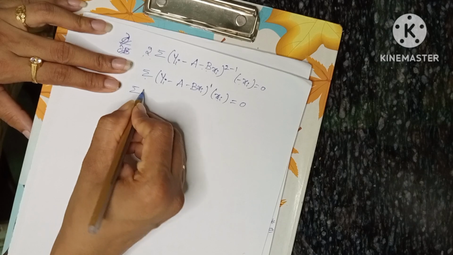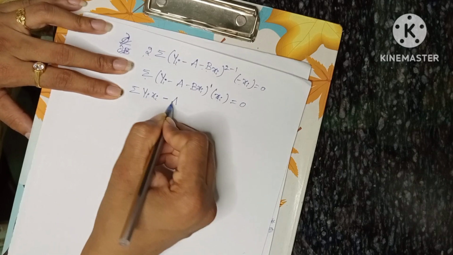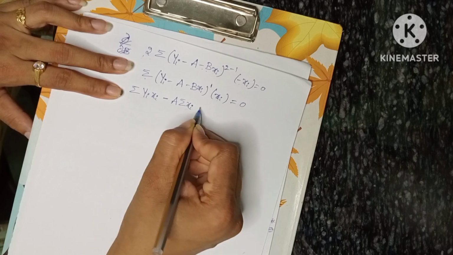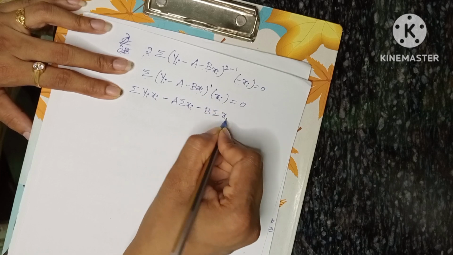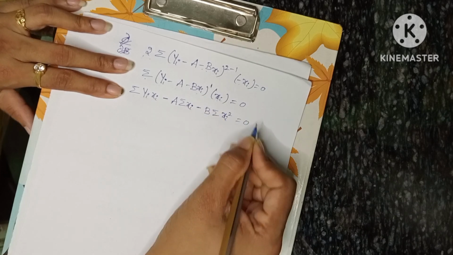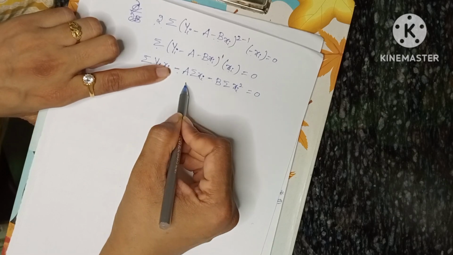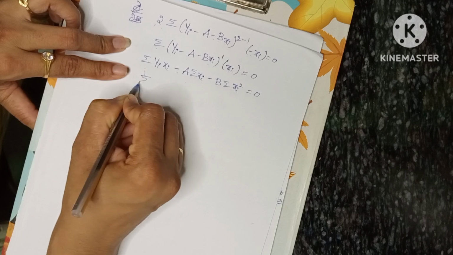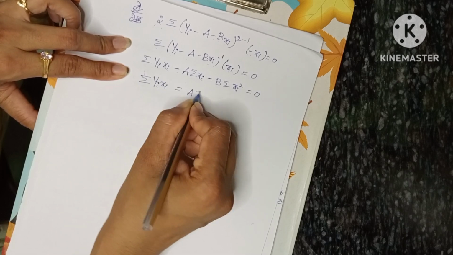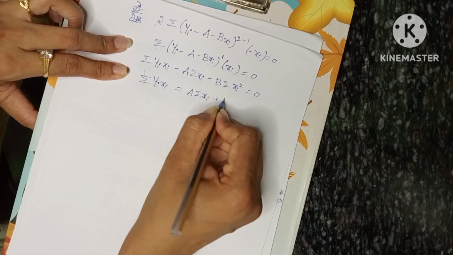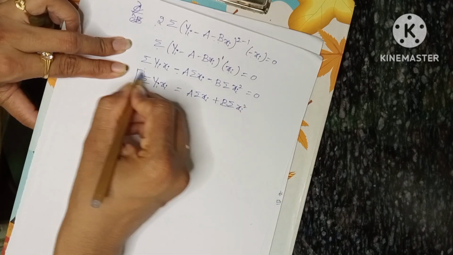So summation yi xi − a summation xi − b summation xi into xi, which is xi square, equals 0. Now these both terms we take from LHS to RHS. So summation yi xi = a summation xi + b summation xi square. So this is equation 4.